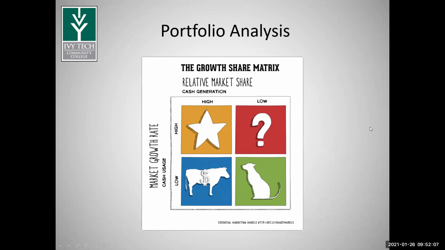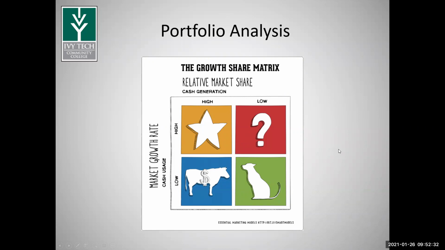You want to move it into that star category, but it isn't there now. If you have a product that is in a low growth market, but you have a dominant market share, that's called a cash cow. We'll talk about cash cows in a minute. And then finally, if you have a product where your market share is low and the market's not growing, that product is considered a dog.